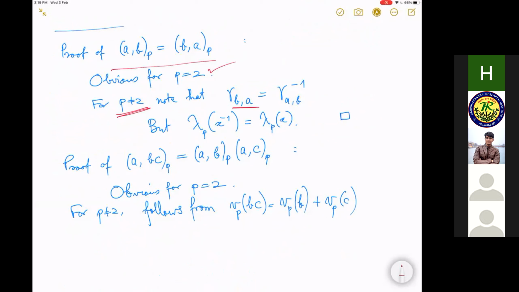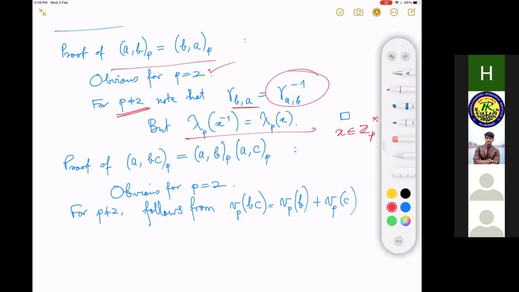So if I change a and b, gamma(b,a) turns out to be the inverse of gamma(a,b). And of course, lambda_p of x inverse is equal to lambda_p of x for any x in Z_p star, because x is a square if and only if x inverse is a square, right? That's obvious. Okay.